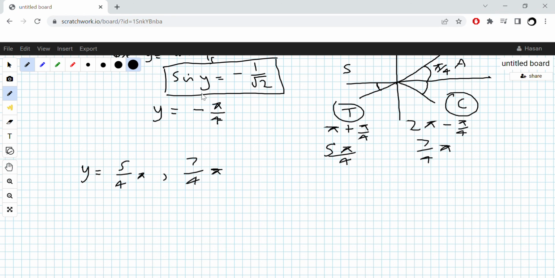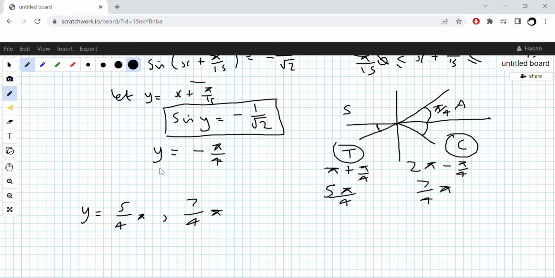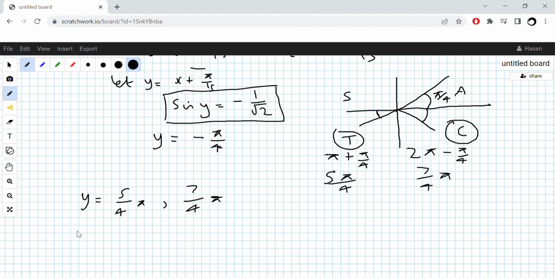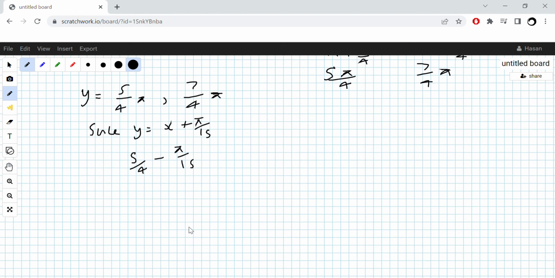We need to consider our substitution that we made. So since y equals to x plus pi over 15, x would equal to y minus pi over 15. So we're going to change everything. 7 over 4.